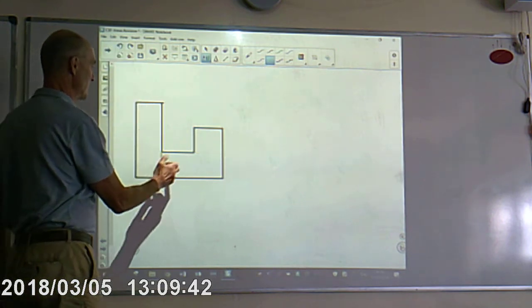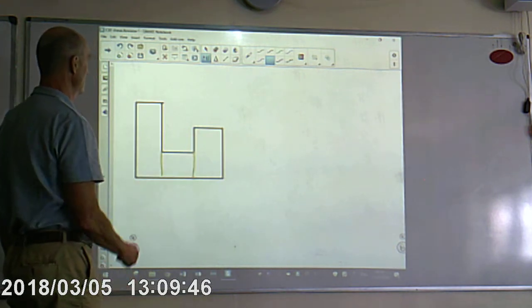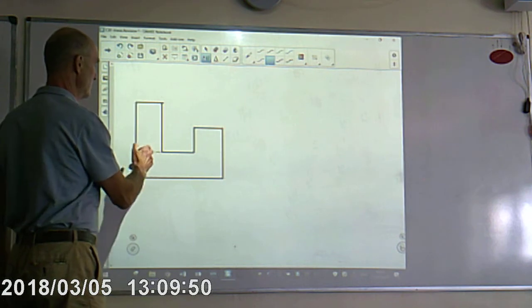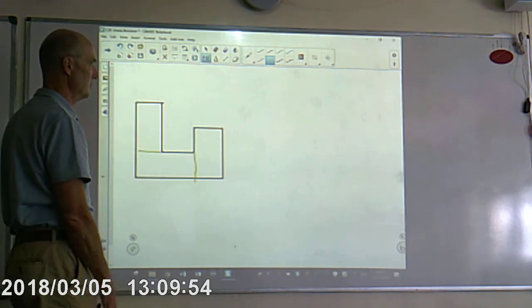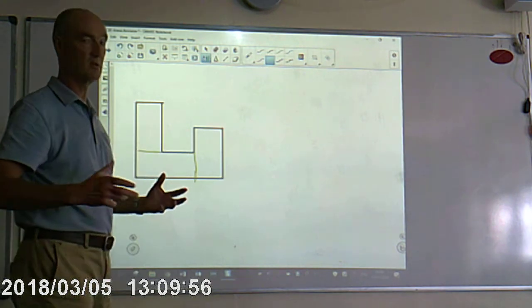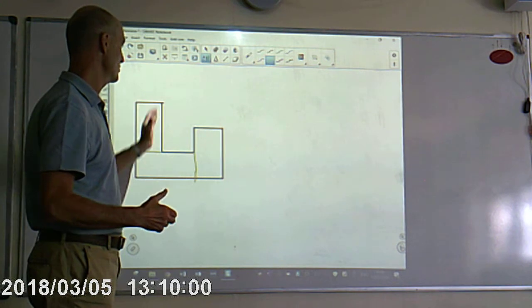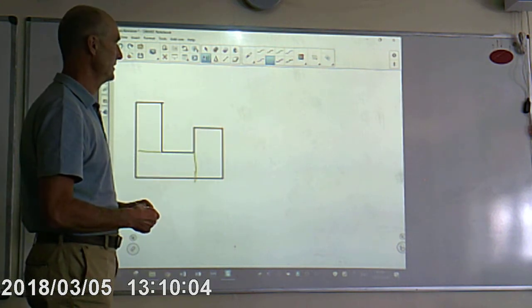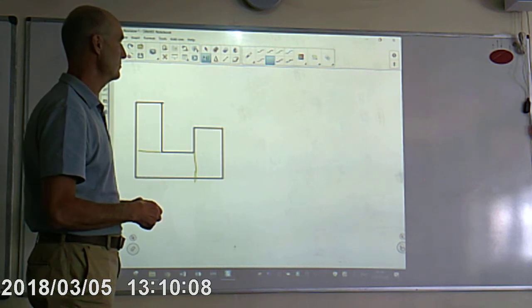We could split rectangles there, or we could even do that, depending on the information that we've been given by the examiner. Just break it up into shapes that you can deal with. Yes, we can deal with rectangles. No, we can't deal with that sort of U-shape, horseshoe shape. So it's just about taking a compound shape, breaking it down into shapes that we can deal with.